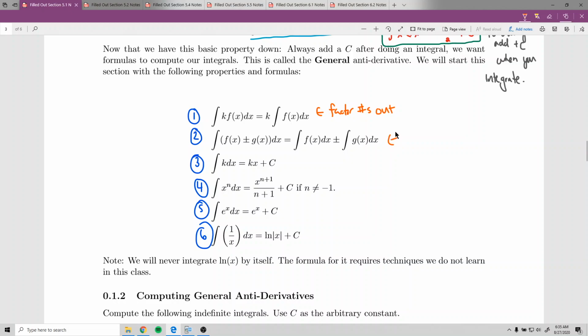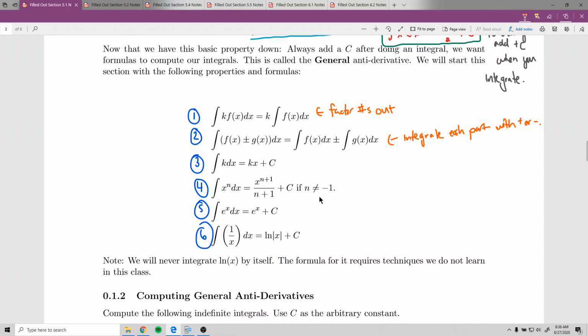And that's also the same as derivatives. Remember way back when we started doing derivatives and we were learning the very beginning rules, the power rule: anytime we had more than one term, we did the derivative of each part. And anytime we had a number in front of the power, we factored it out. It's going to work the same way here.